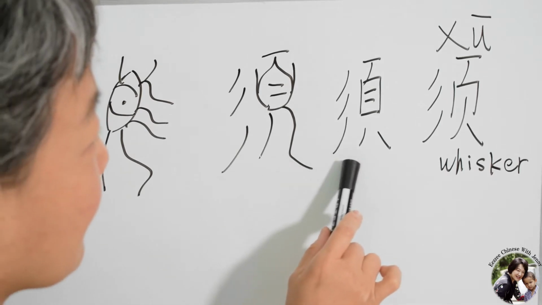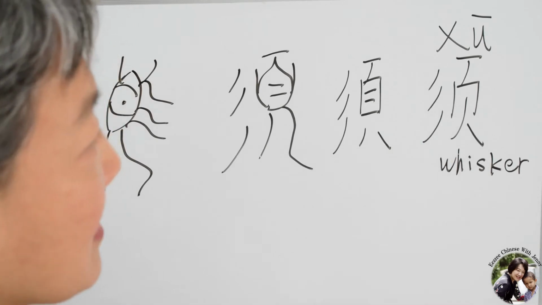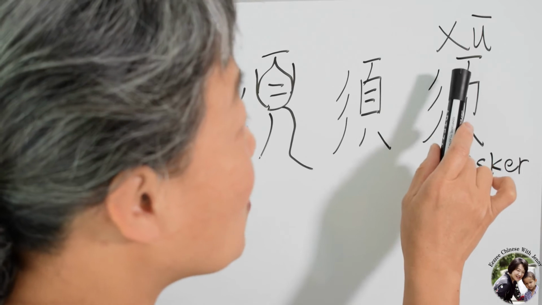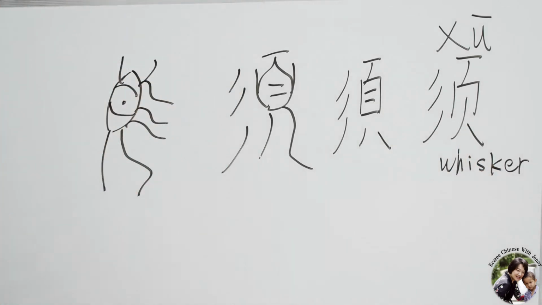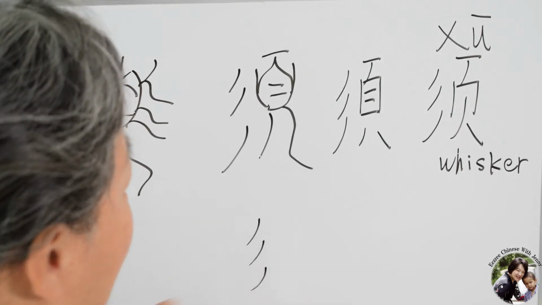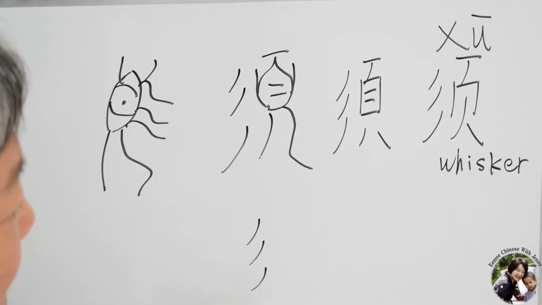And then it currently is written like this, means whiskers, and the pronunciation is 须. Let me write it. 撇撇撇, 3 撇, like a vertical way.